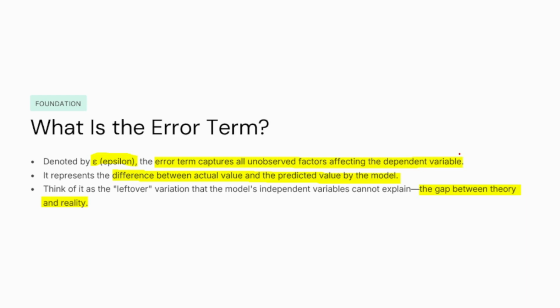What is the error term? In the econometric model, error terms are basically represented by the epsilon. And error term captures the impact of the unobserved factors upon the dependent variable. Suppose here in the consumption equation, C is equal to alpha plus beta y, and here income is the independent variable and consumption is the dependent variable.